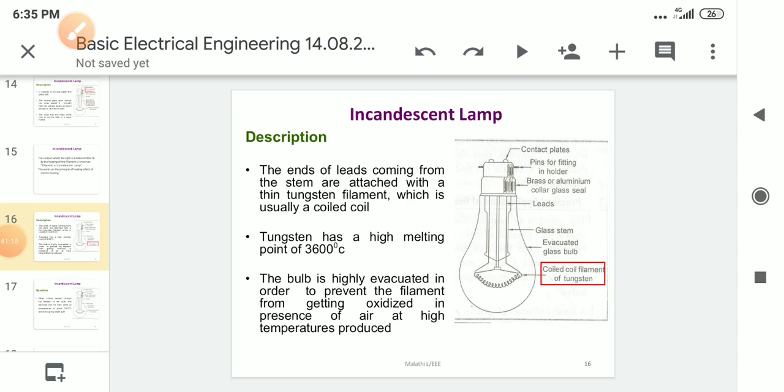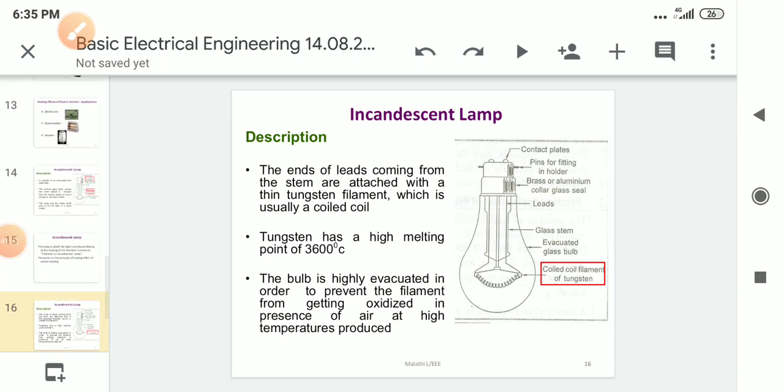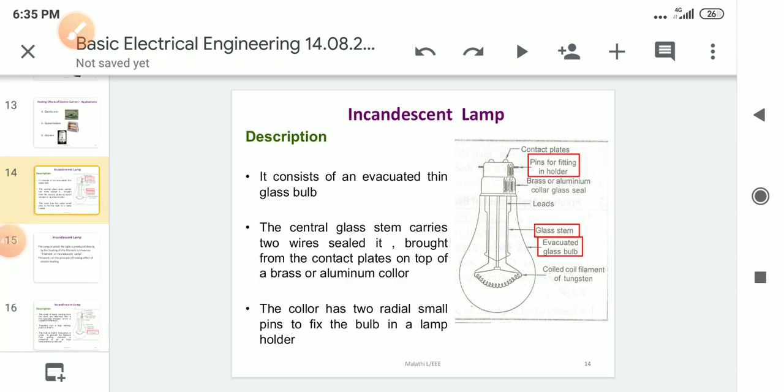So you have to learn the basics, which is very important. What is the basic principle for this? Simply, the heating effect of electric current. So this is about the incandescent lamp.